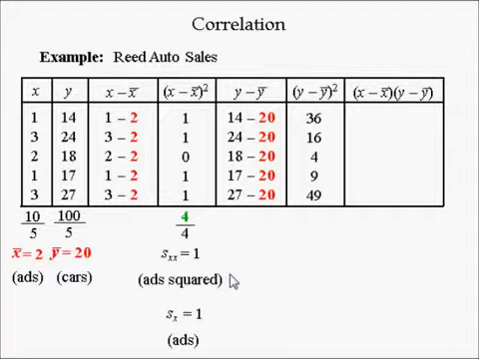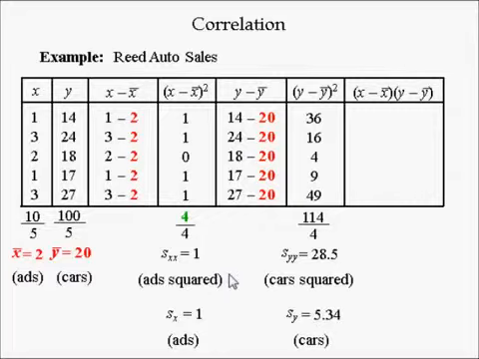The sum of y squared deviations yields 114. Dividing this by the degrees of freedom, 5 minus 1, yields a sample variance of y, which equals 28.5 squared cars. The square root of this is the sample standard deviation of y, which is equal to 5.34 cars.